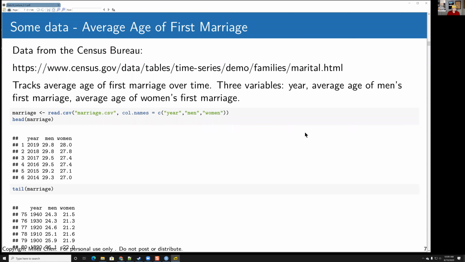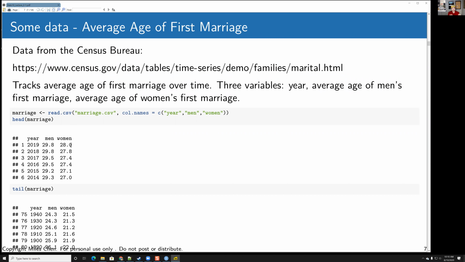Okay, and this is what it looks like. The most recent information is in the year 2019, the average age for men in their first marriage is 29.8, and the average age for women in their first marriage is 28.0.